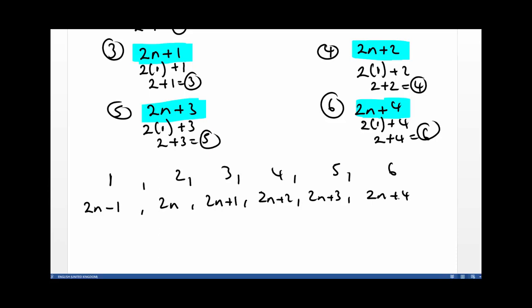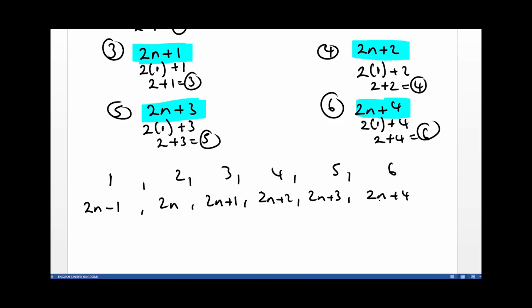What we have just done is written out numbers 1 to 6 algebraically and consecutively. So if I'm at 2, I'm at 2n here, the next consecutive number would be written as 2n plus 1. If I'm at 2n plus 3, the next consecutive number is 2n plus 4.